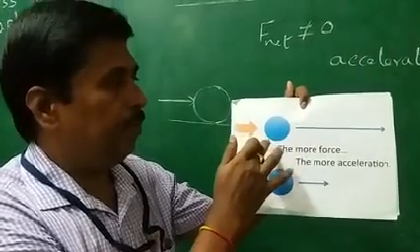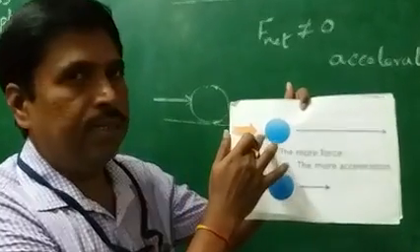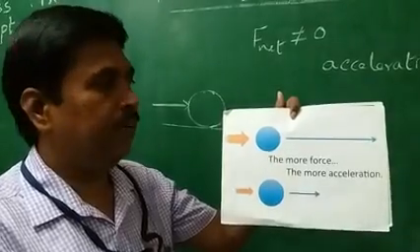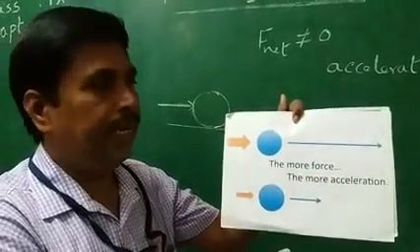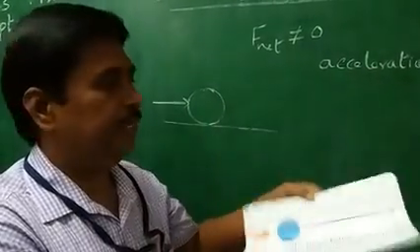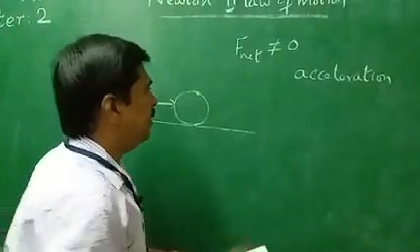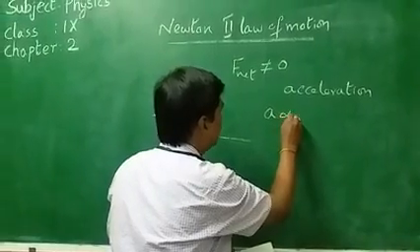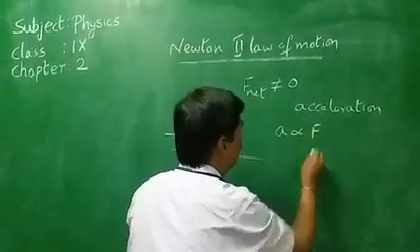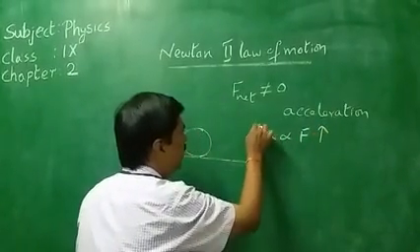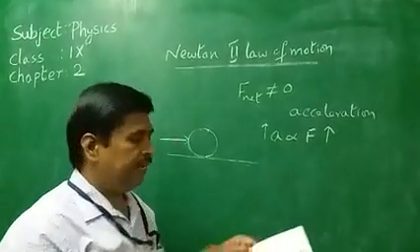On the second marble, if you apply a large force, it has more acceleration. It will have a greater acceleration. From this, what you can understand is that acceleration is directly proportional to applied force. A is denoted for acceleration. Acceleration is directly proportional to applied force. So, when force increases, acceleration also increases. That is the activity.